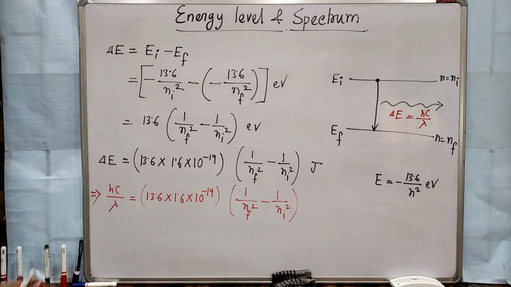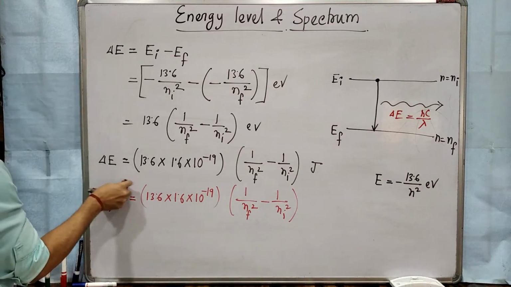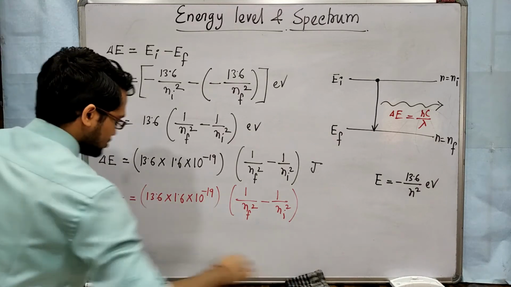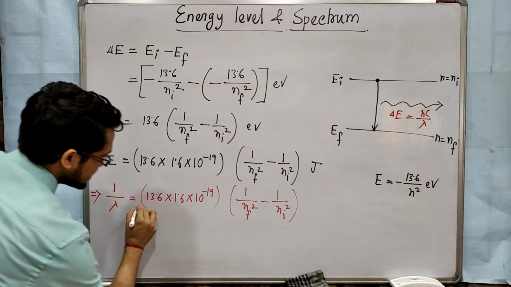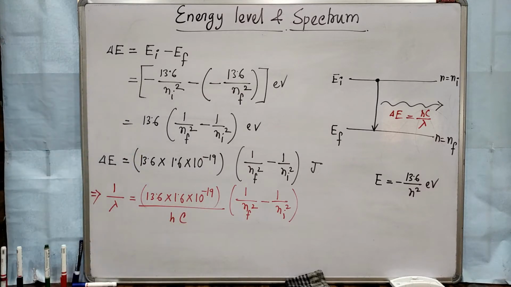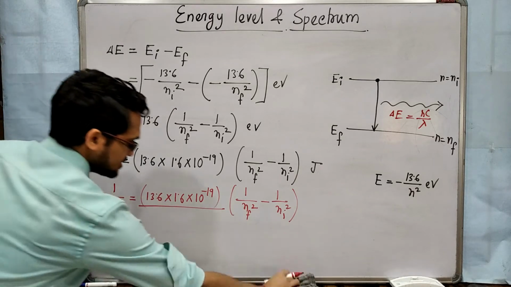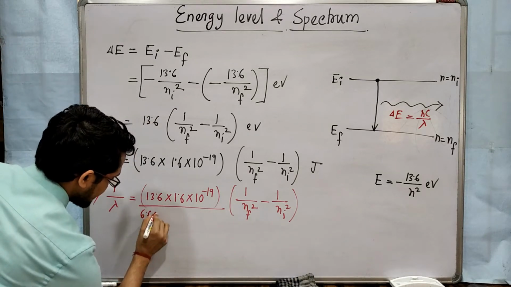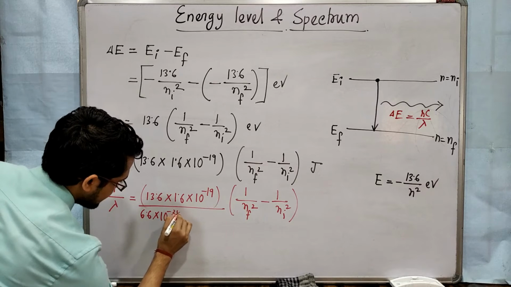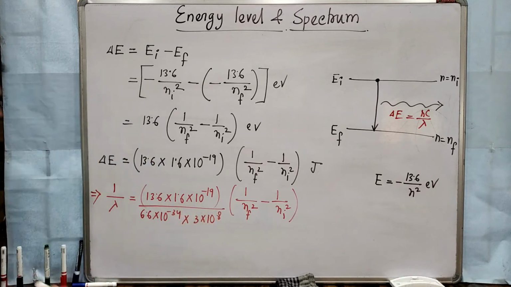Now we want to find the relation for lambda, so take hc to the right side. So it will be 1 by lambda equals that quantity divided by h into c. Now we put the values of h and c: 6.6 into 10 to the power minus 34 and 3 into 10 to the power 8. All are in the SI system.